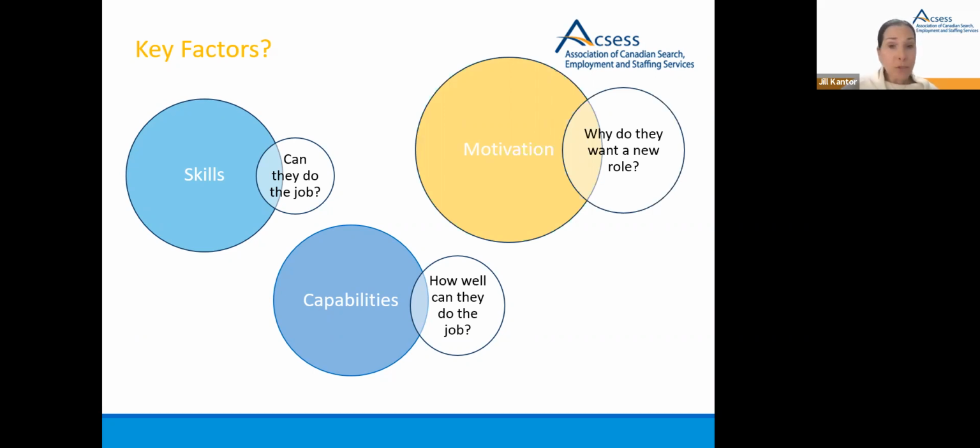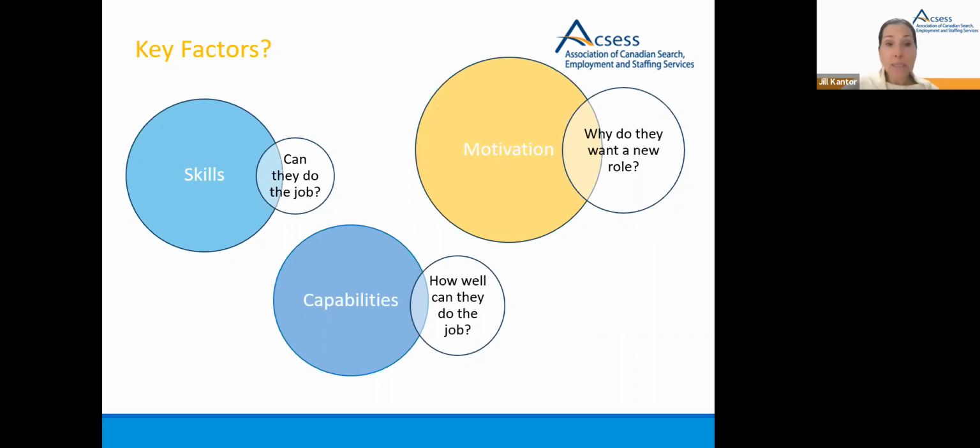And so when we start understanding some of these things, then we can start thinking around, well, skills, right? We're looking at on the resume, from the interviews, the experiences, the reference checks that we do. Do they actually have that? The capabilities, so this might come also from references, but testing. Maybe there's certain types of testing that they have to do throughout the interview hiring process. Maybe there's behavioral style interviews.